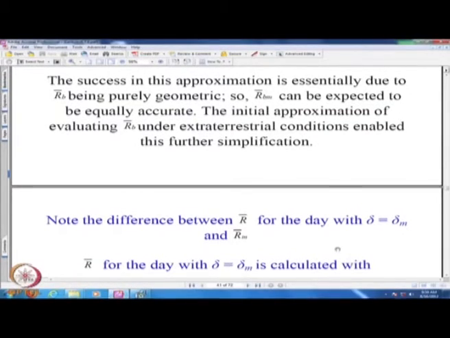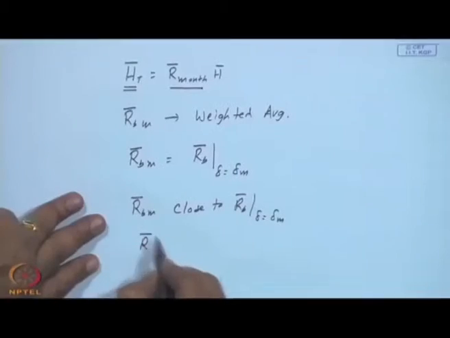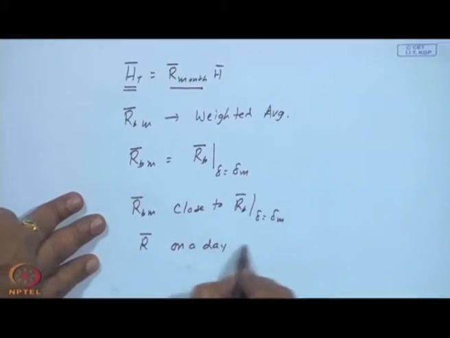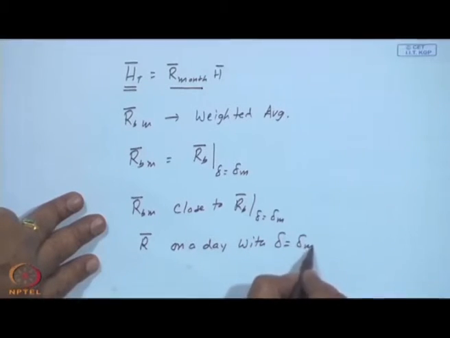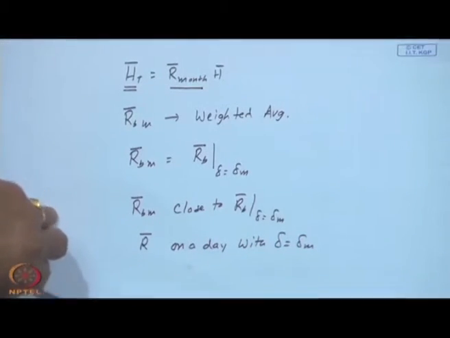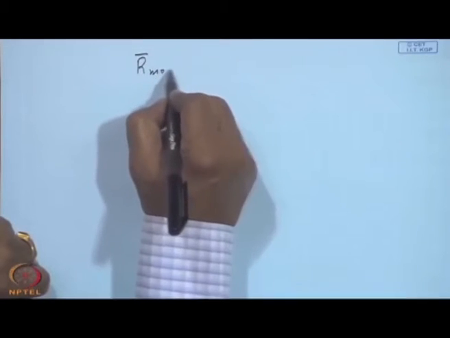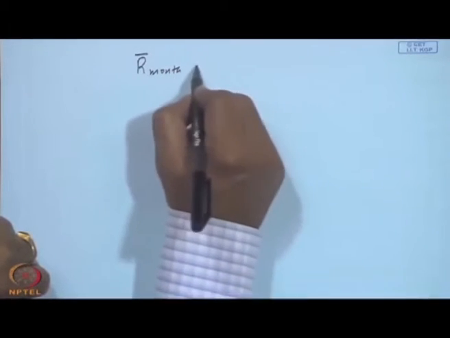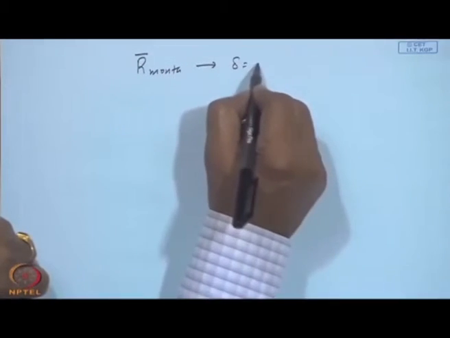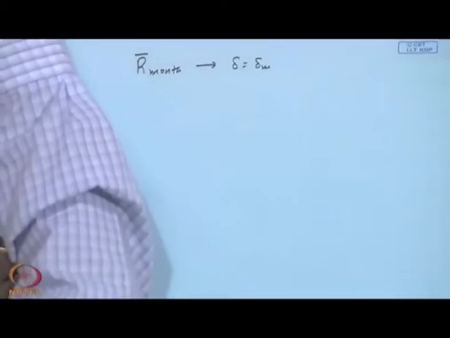Now, you have to notice what is the difference between R bar on a day with delta equal to delta m and R bar for the month. Here also delta is equal to delta m.